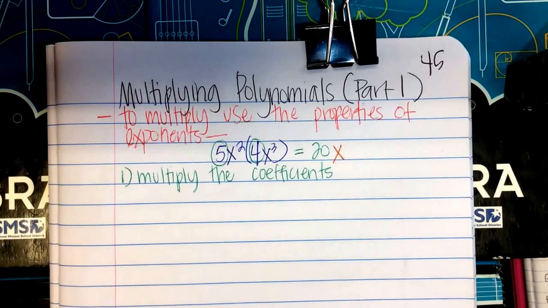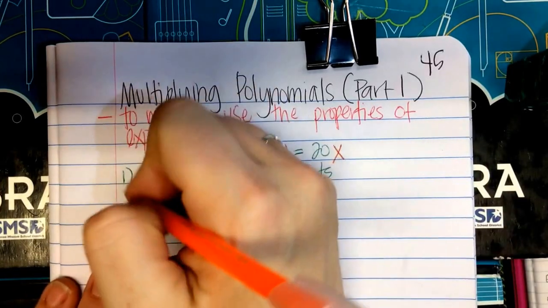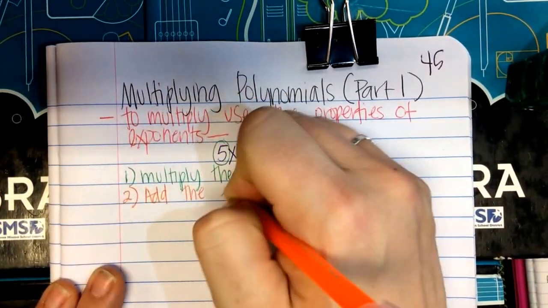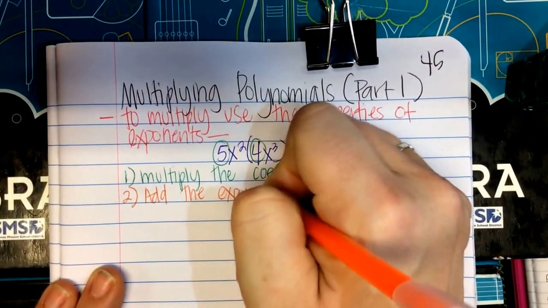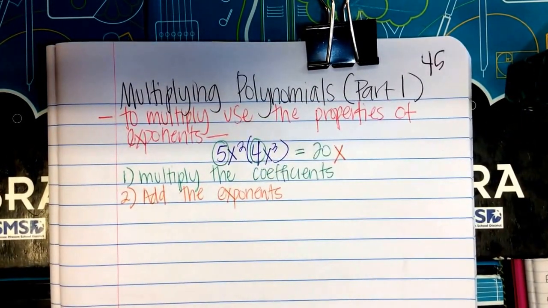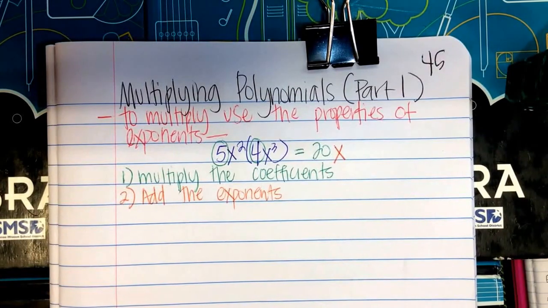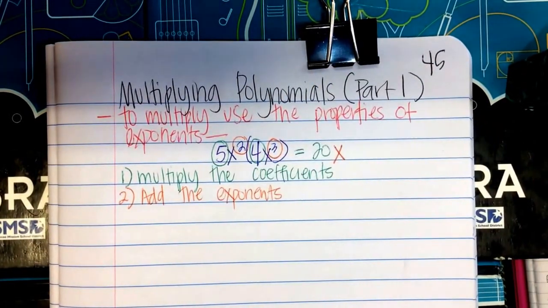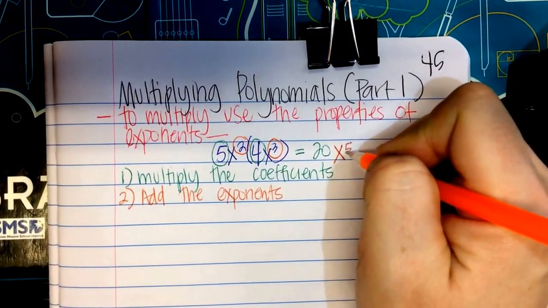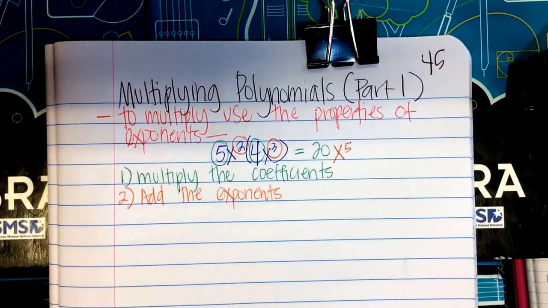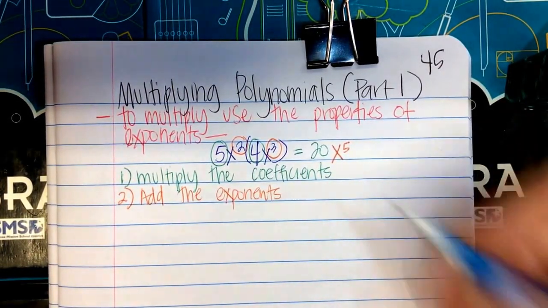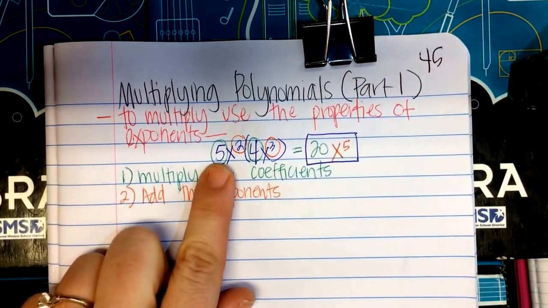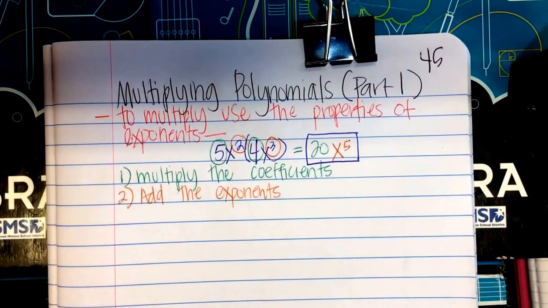What do, Alyssa? You add the exponents. So Alyssa says add them. 2 plus 3 is 5, there's your answer. That's it. Well, this is a monomial times a monomial.